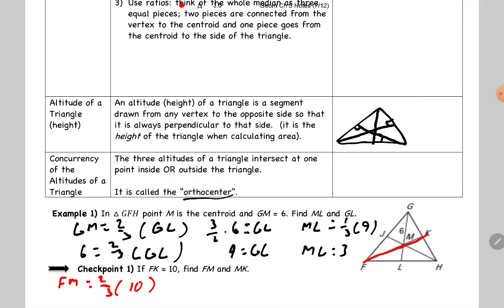Why couldn't they use an easier number? 2/3 of 10 is 20 divided by 3, so 6 point something, almost 7. And then MK is the shorter piece, and that's 1/3 of 10, so that's 10 over 3.